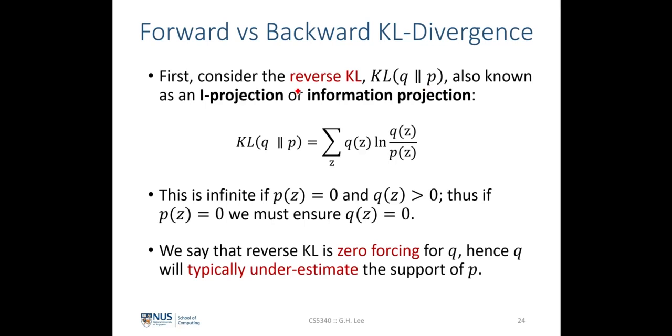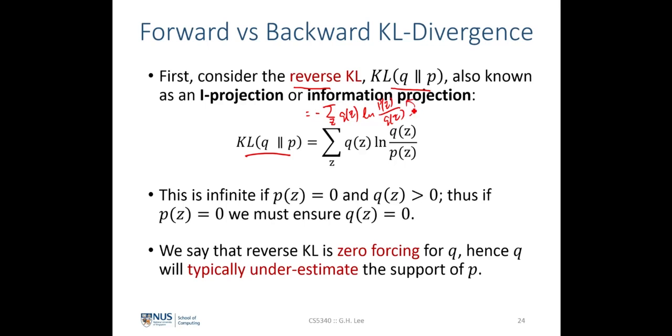This is a terminology for this particular KL divergence expression, otherwise known as the I-projection or the information projection. We saw in the previous slide that this KL divergence can be written as this expression. In fact, it should be written as the negative of the summation over z of q(z) log of p(z) divided by q(z).